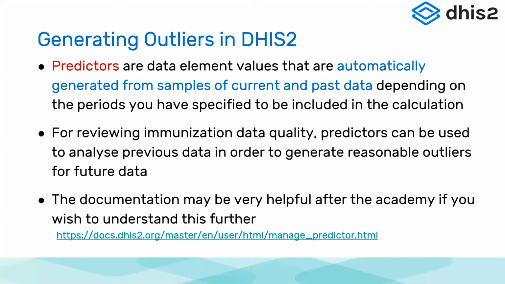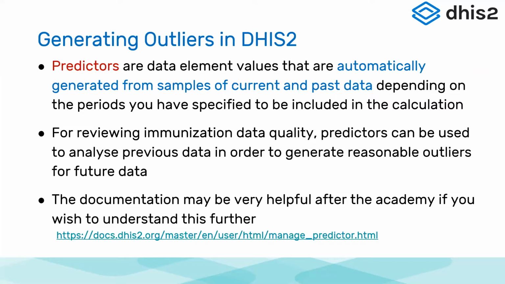The predictor consists of a formula. By this formula, the predictor calculates some value and populates that value to that specific data element. That's it. Then you have a data element with that predicted or calculated value. And as you use raw data in your validation rules, you can use that data element containing the calculated value in your validation rules. It's as simple as that.